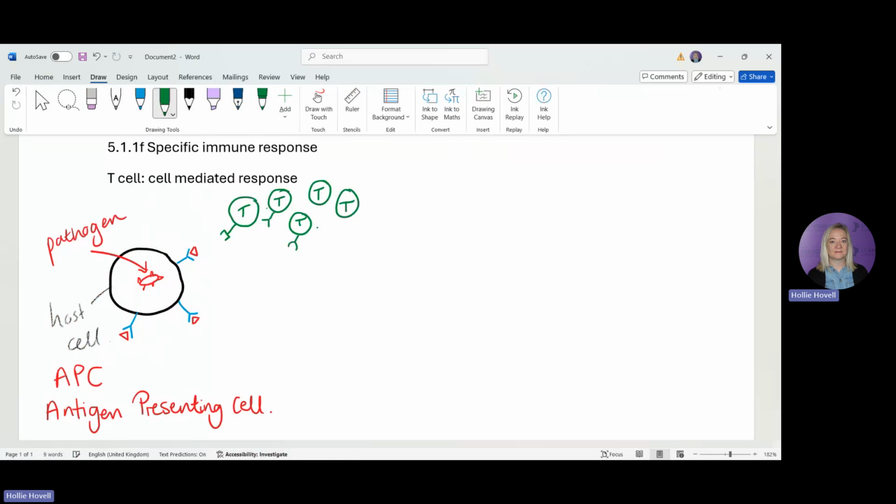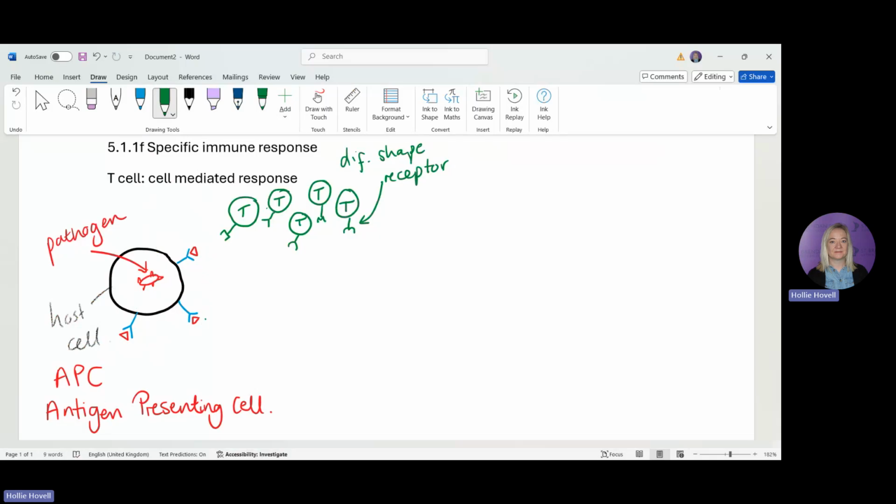So you can see here, I'm drawing each type of T cell with a different shaped receptor. Okay, so each T cell has a different shape receptor on it. Now, simply by trial and error, these T cells will try to bind to these antigens that have been presented on this infected cell.